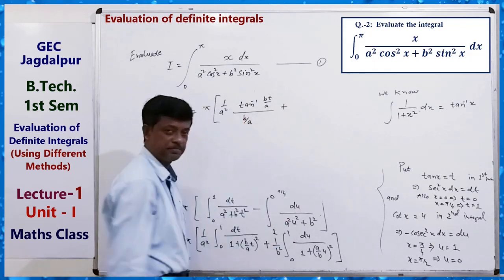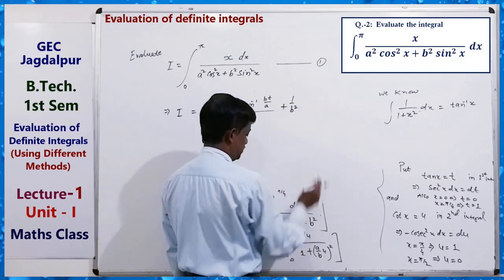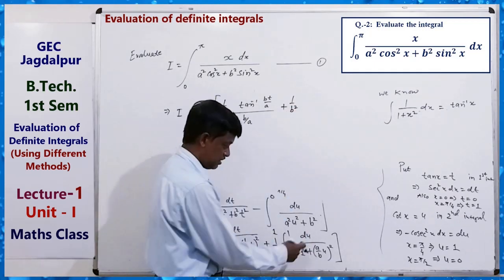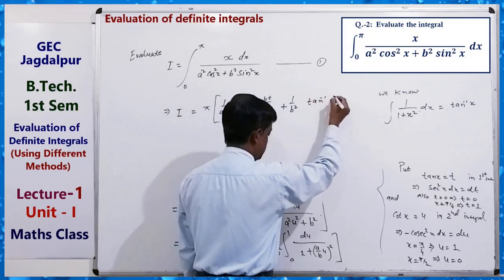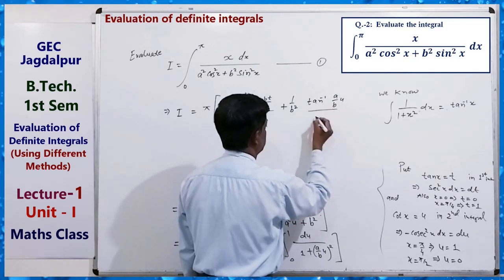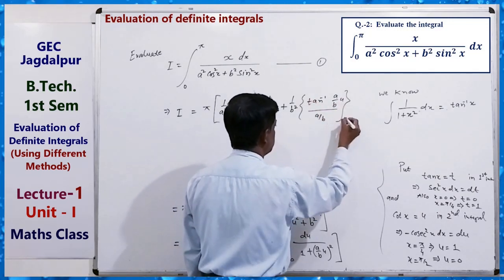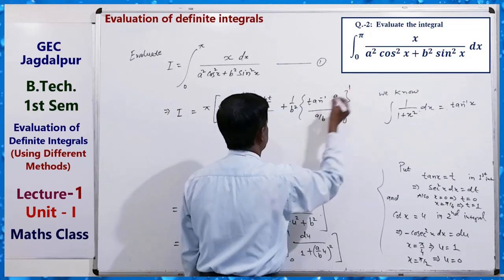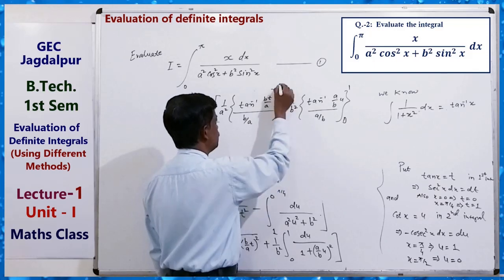Similarly, 1 by b square here, tan inverse of a by b u upon a by b. In this you have to apply limit 0 to 1, and here also apply limit 0 to 1.